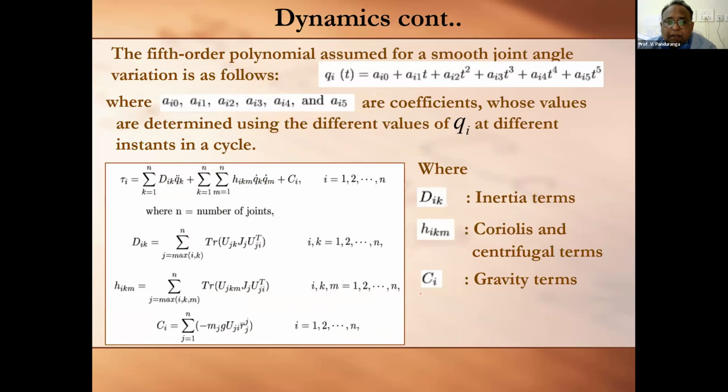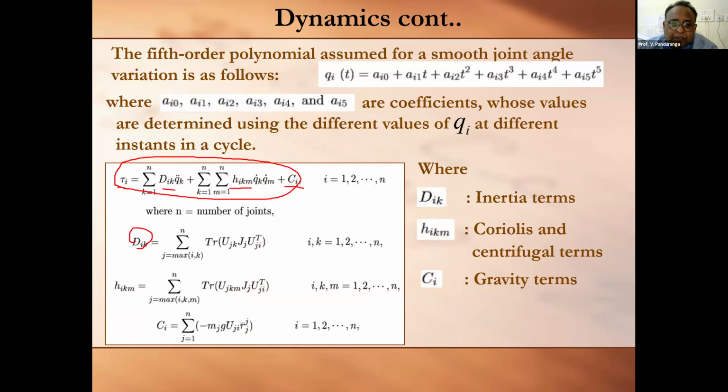This is the final equation of motion that represents the dynamics derived using Lagrange-Euler, tau i, the torque required at joint i. And here there are different terms, D_ik, H_ikm, and C_i. These are inertia terms, Coriolis and centrifugal terms, and gravity terms.